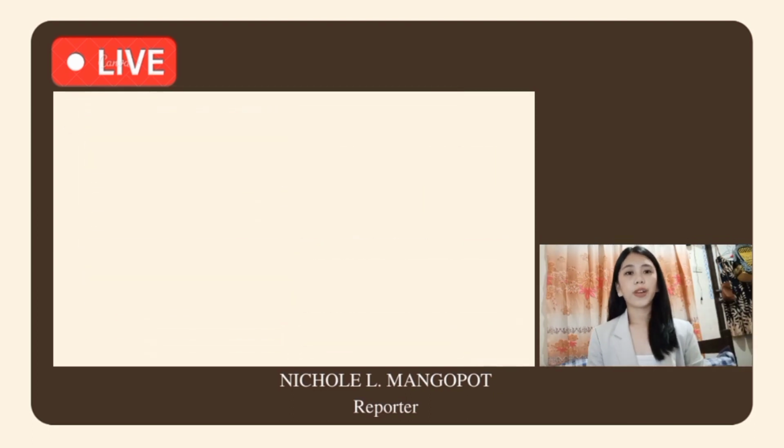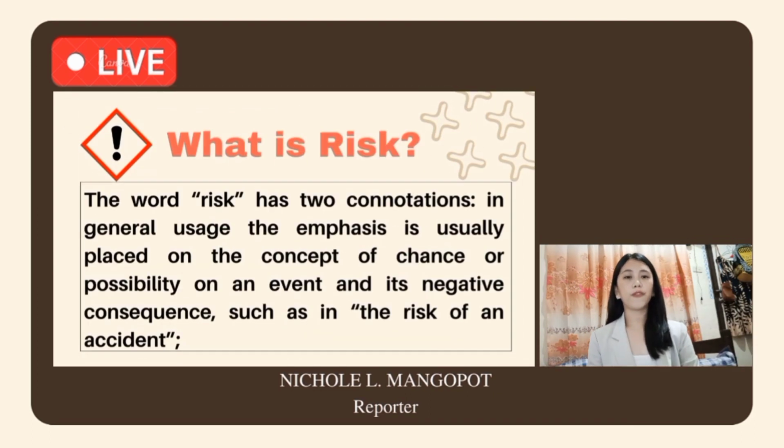So let's move forward to the definition of risk. The word risk has two connotations. In general usage, the emphasis is usually placed on the concept of chance or possibility of an event and its negative consequence, such as in the risk of an accident. Risk is a chance of something happening that will have a negative effect.